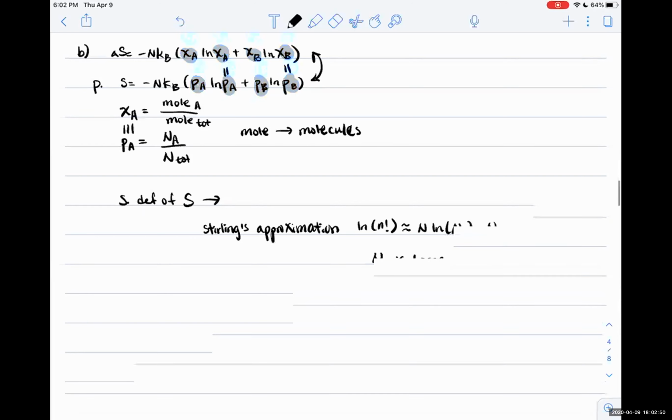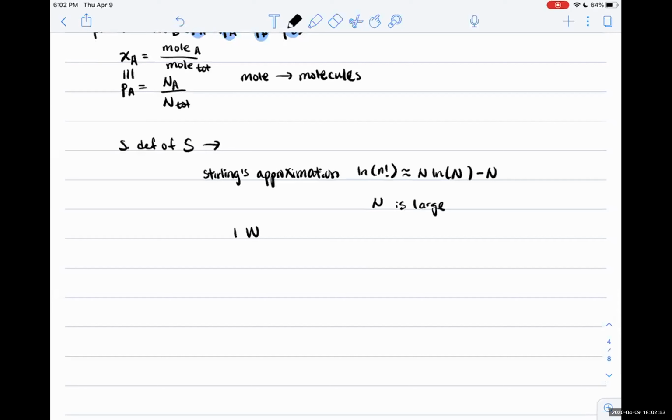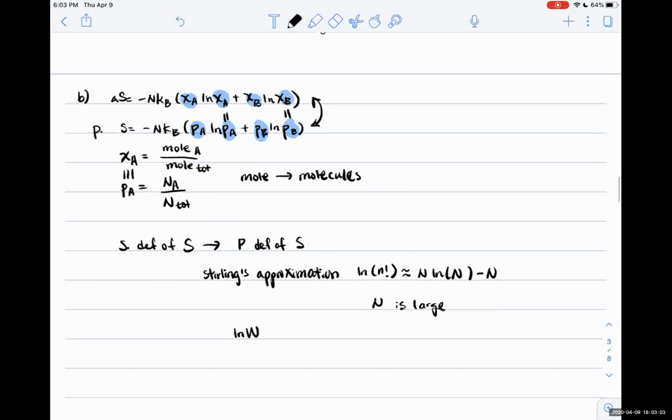We use this formula to approximate ln W, and in the end we get the probabilistic definition of entropy. Because we know the statistical definition is equal to the probabilistic definition under the condition that N is large, and the formula given for delta S is equal to the probabilistic one, the statistical definition of entropy also has to equal the delta S formula given above.